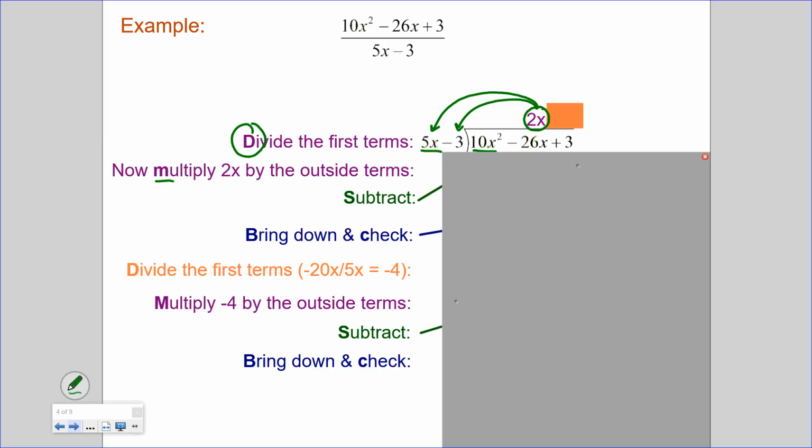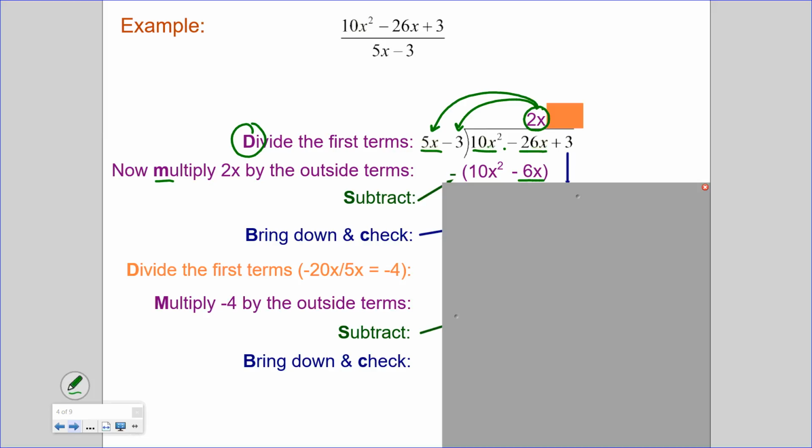When you do that multiplication, you line up whatever you get under their like terms under the radicand. So 2x times 5x gives 10x squared, and 2x times negative 3 is negative 6x. Notice I've put my minus 6x cleanly under the 26x so that they are both in the x to the first column.